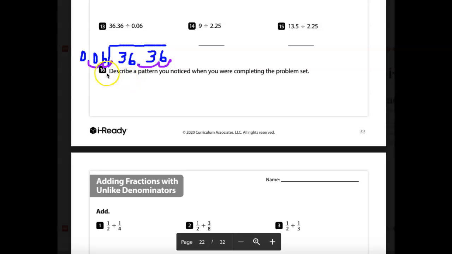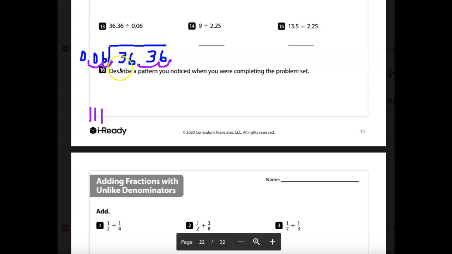And now we have 3,636. And now we're going to divide. First off, let me just show you. 6 won't go into 3. Okay, if we have 3, we can't make a group of 6 out of this. So there's not going to be an answer over the 3.